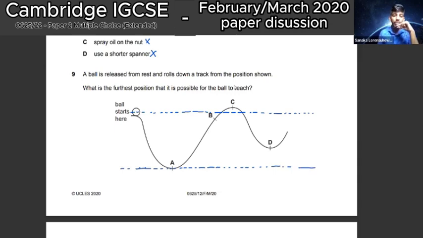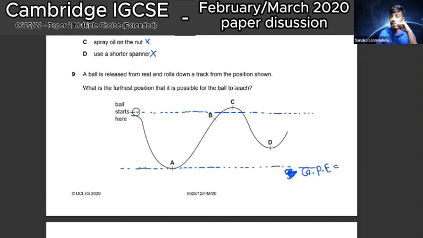This lower line I take as the zero level for gravitational potential energy, GPE.